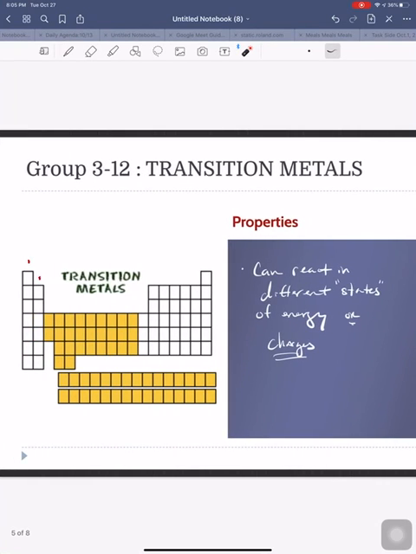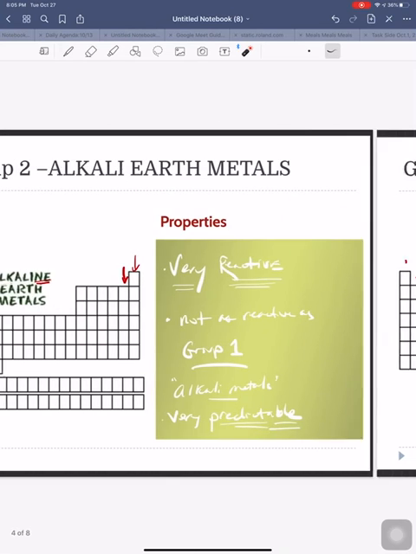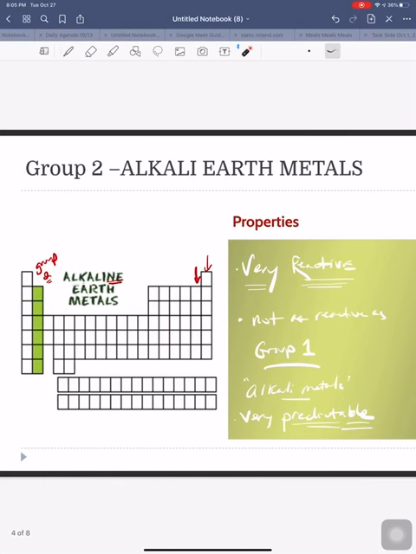Transition metals are just totally unpredictable and all over the map, and so we have to pin those down for you if you're going to work with them, because they can, depending on the moment and the need, alter how they bond and what they want to do. And then we come home sweet home to our very predictable group 2 alkaline earth metals.